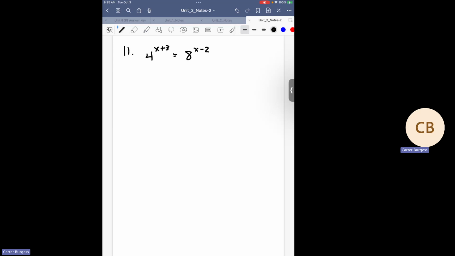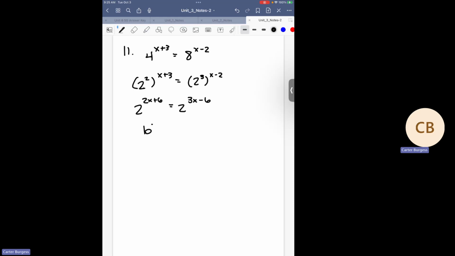Here, though, there is a nice unified base that we could write both of these as. For instance, I could rewrite my left-hand side here as 2 squared to the x plus 3, and I can rewrite my right-hand side here as 2 cubed to the x minus 2, and simplifying this, I get 2 to the 2x plus 6 is equal to 2 to the 3x minus 6.